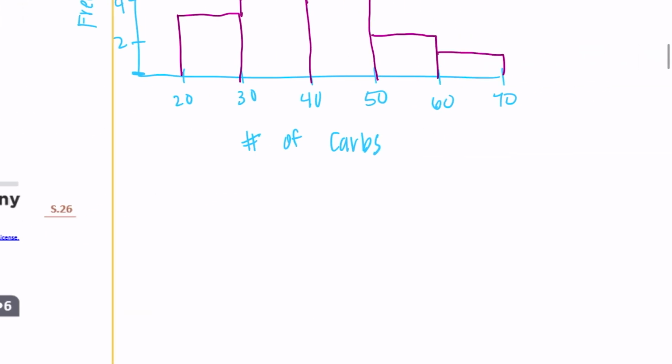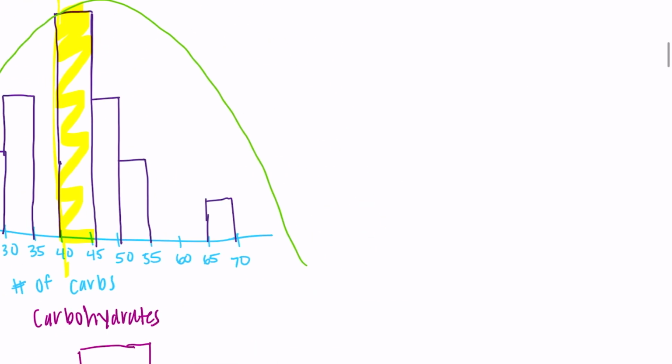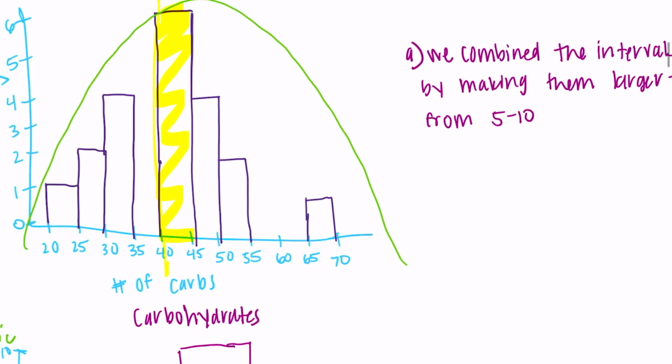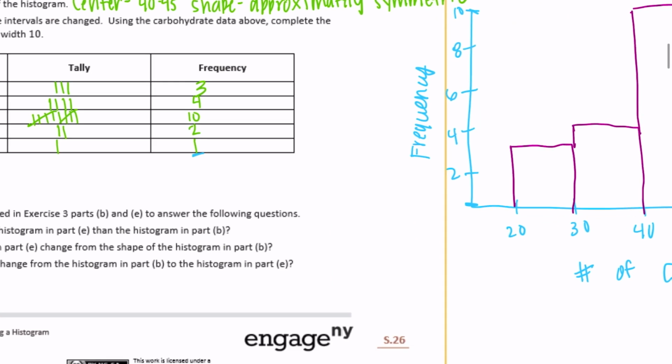So let's say A. We combined the intervals by making them larger. Let's say from 5 to 10. So it jumped from 5 to 10.